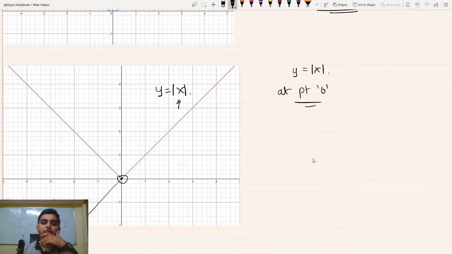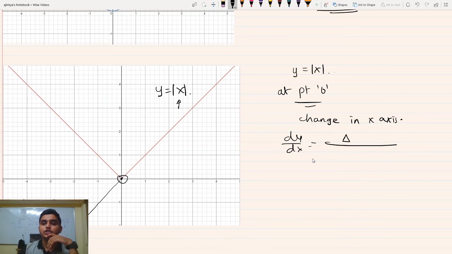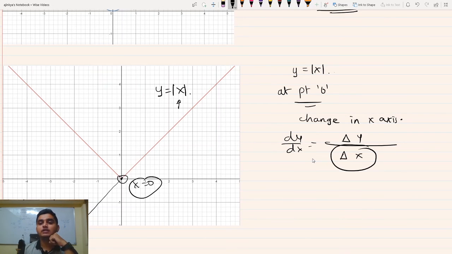Well, how? We can say that there is no actual difference in change in x-axis. Since you know that dy upon dx, or rather differentiation, is nothing but change in y upon change in x, in this case we won't have any change in x at x equals 0.